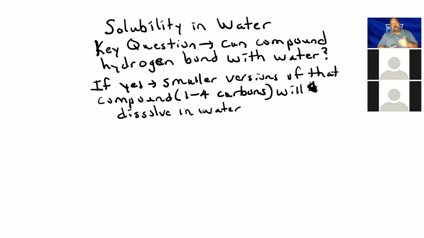It's the force of attraction between a polarized hydrogen in one molecule and a polarized, essentially, oxygen or nitrogen in another molecule, where those atoms have partial negative charges. We'll talk a little bit about that in a moment. Essentially, if the compound can't hydrogen bond with water, then the substance will basically not dissolve in water.